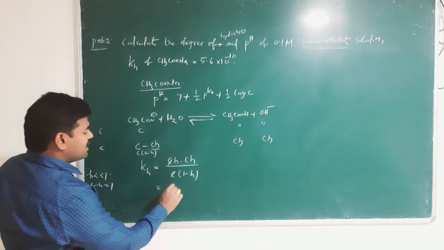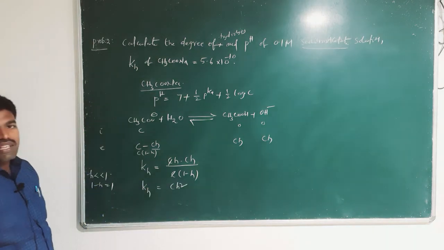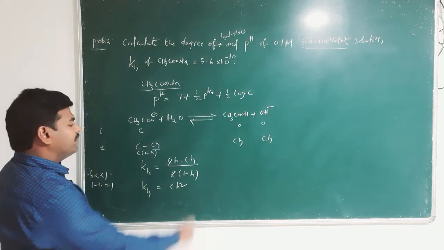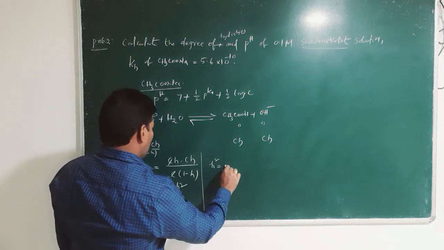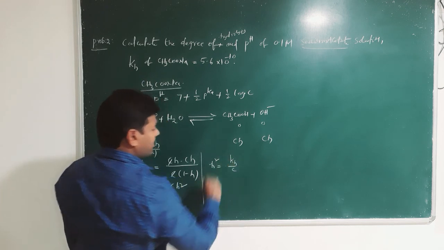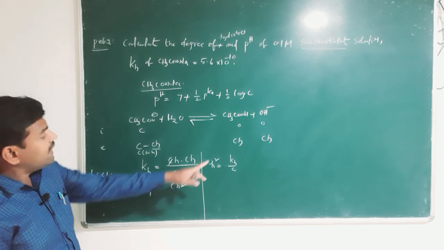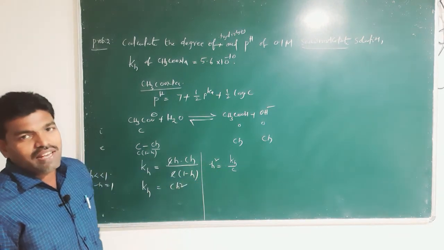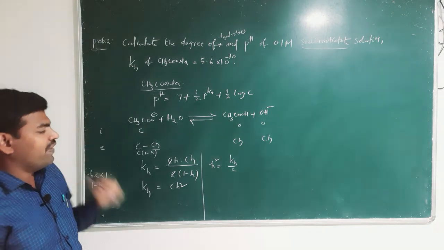So Kh is equal to Ch square, and h square is equal to Kh by C. We know the Kh value and C value, so from this we can find out the degree of hydrolysis.